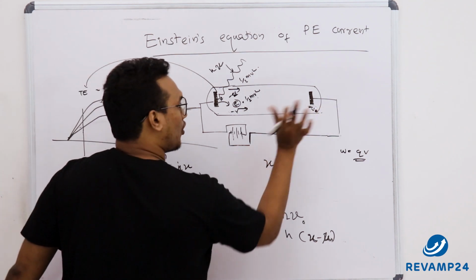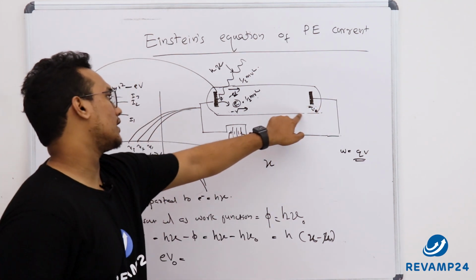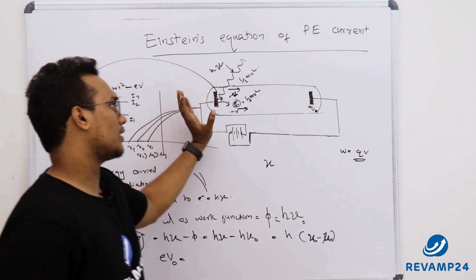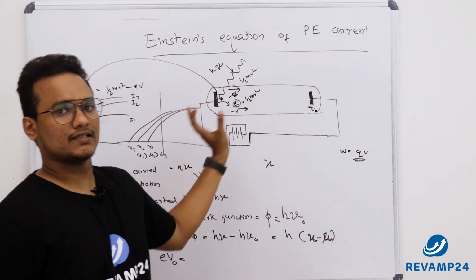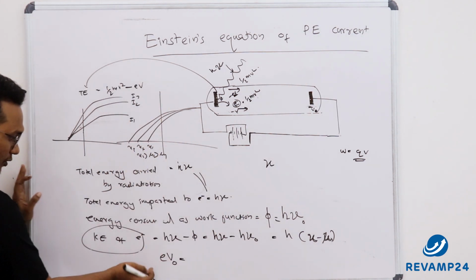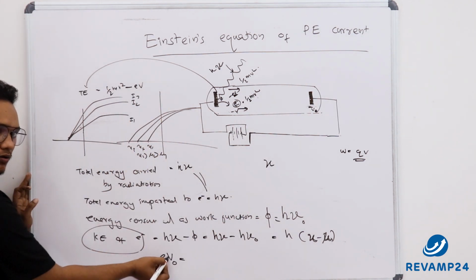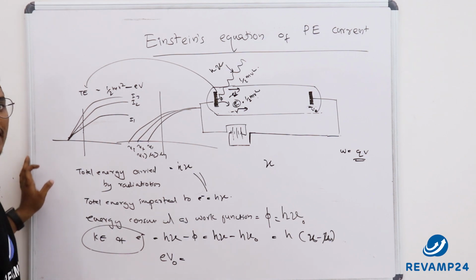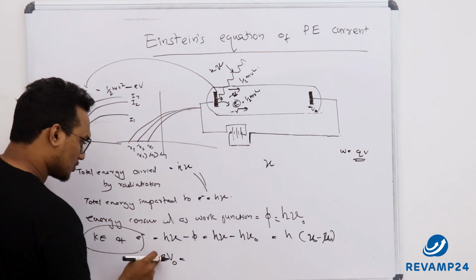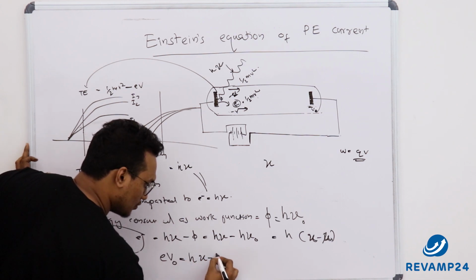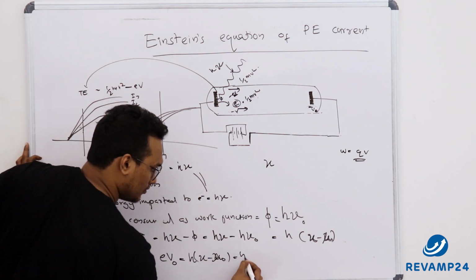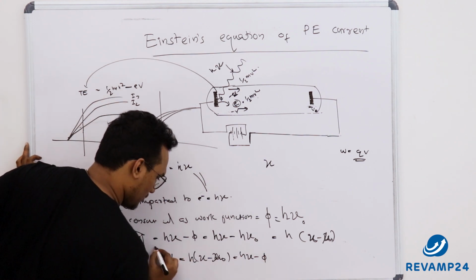Now if I am giving a small potential here, that is not equal to the kinetic energy, it is small, so the electron can come here. But when this is equal to this one, it has no energy, it cannot come. So only at that position, where the applied potential is the stopping potential, will these two be equal, and I can equate with h into (nu minus nu 0), or h nu minus work function.